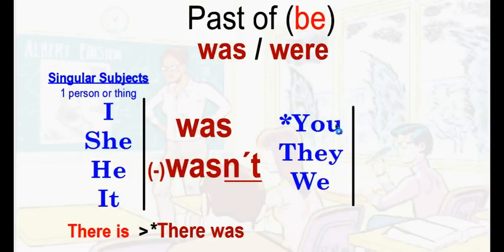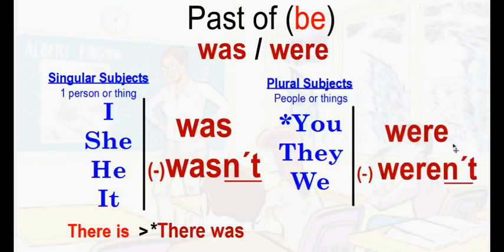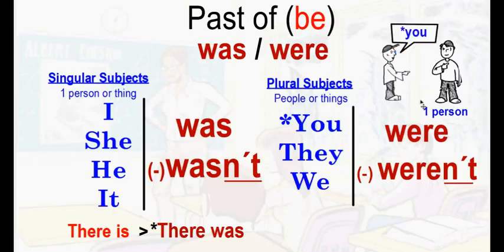Now, for the subjects you, they, and we, the plural subjects for people or things, we use were and weren't for the negative. Now remember, you in English can be one person or it can be multiple people.